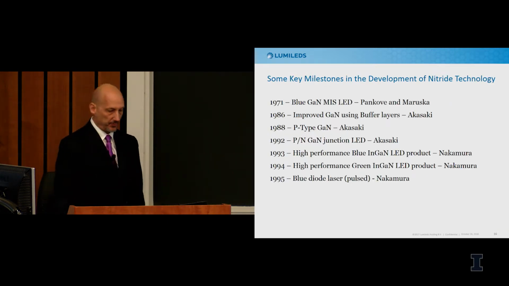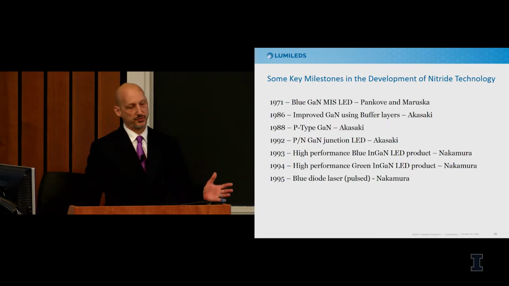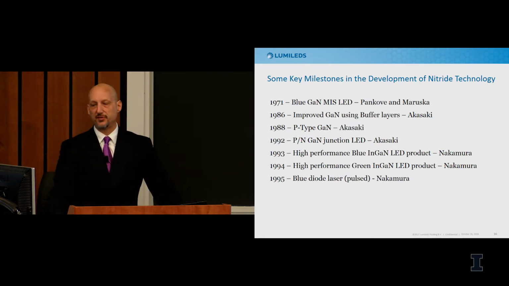So now there was a spectrum of orange, yellow, and red devices, but blue and green devices were needed to round out the entire spectrum. Work on nitride LEDs was done in the early 70s by Pankove, but that was terminated and not continued.